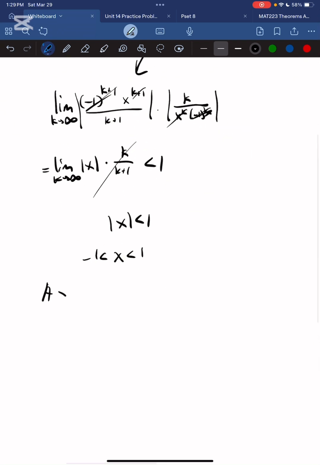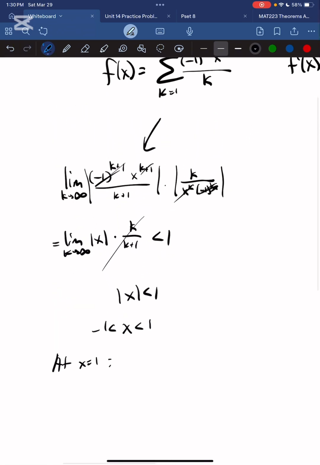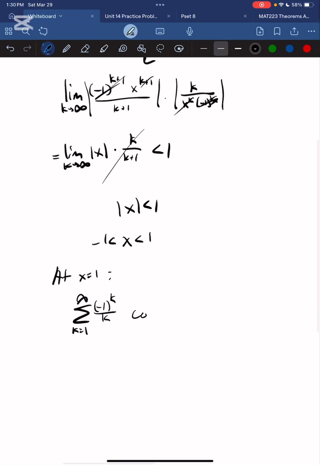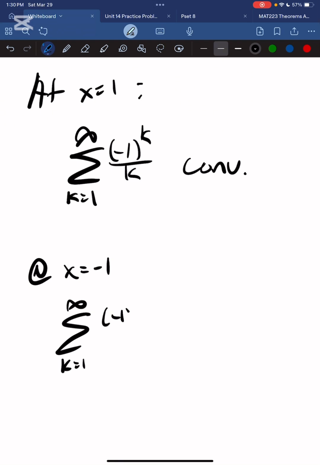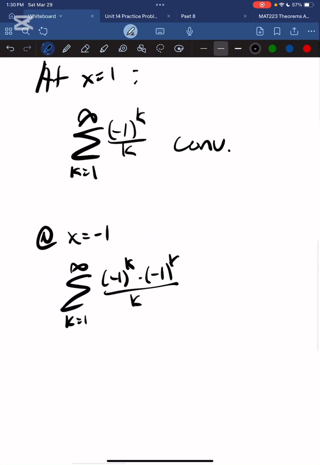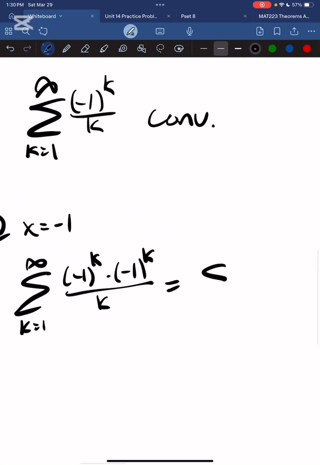Now at x equals 1, we are left with negative 1 to the k over k, and this is convergent. This is just the alternating harmonic series. Now at x equals negative 1, we have this, and we see this becomes negative 1 to the 2k over k.